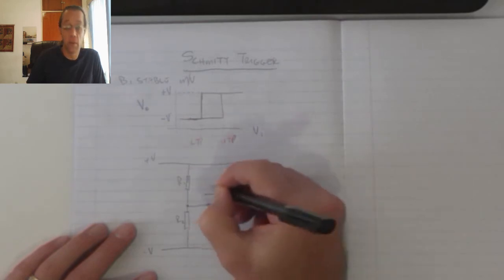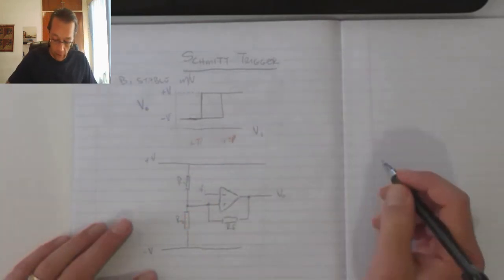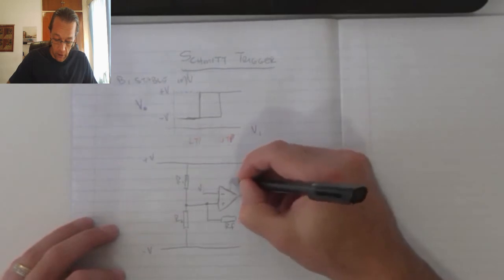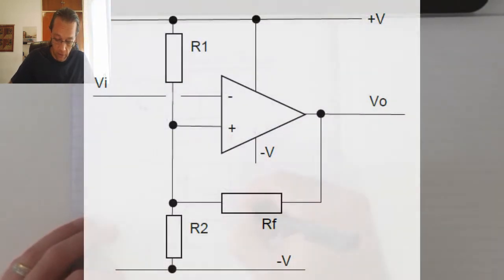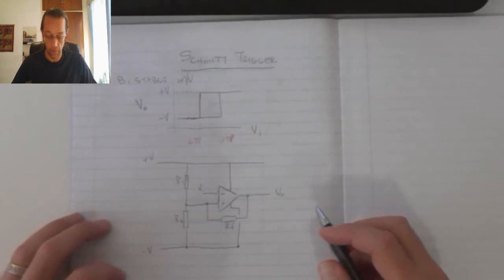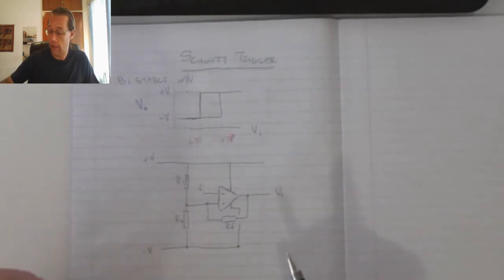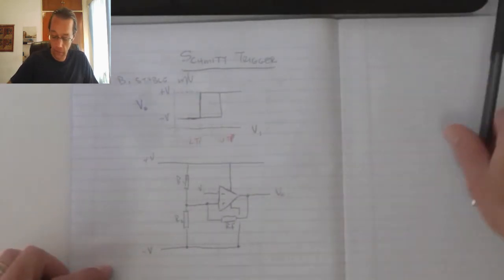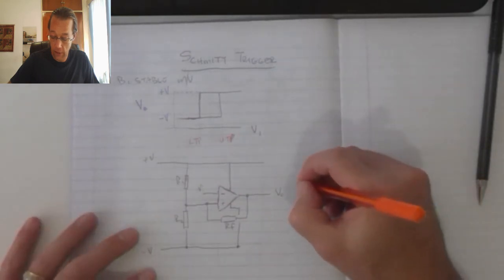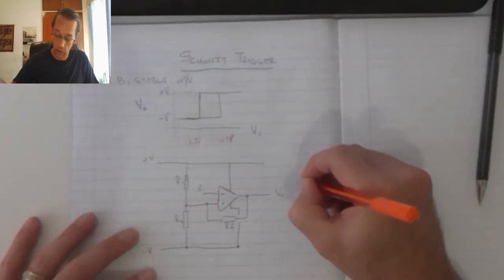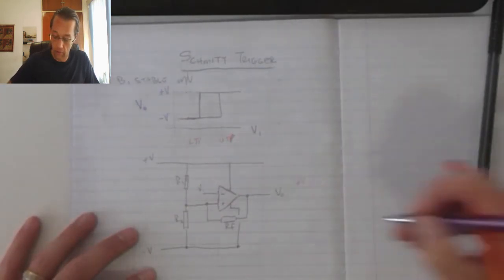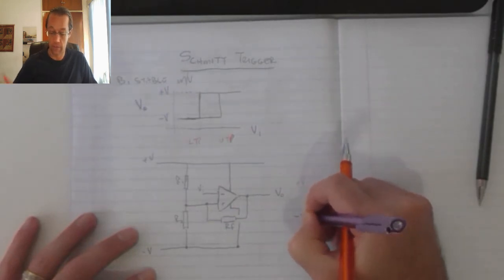My inverting input is just my input, and then I've got the positive supply connected over there, and I've got the negative supply connected over there. Okay, now I must remember that V out is either equal to plus V or it's equal to minus V.